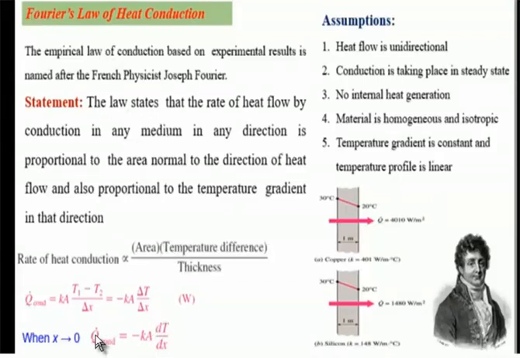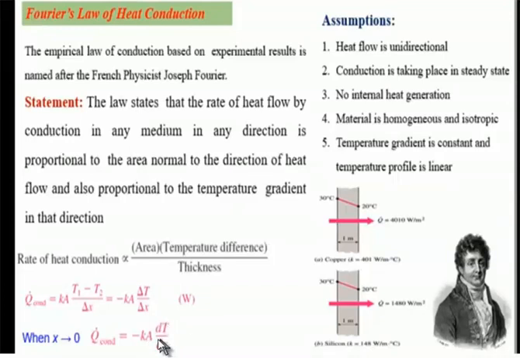See here, the rate of heat flow, that is Q conduction, is directly proportional to the area normal to the direction of heat flow, that is, normal to the direction in which heat is flowing, and the temperature differences, that is delta T, or you can say dT, and inversely proportional to the thickness.